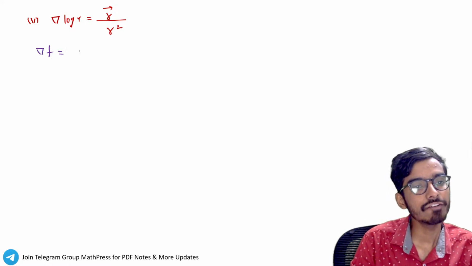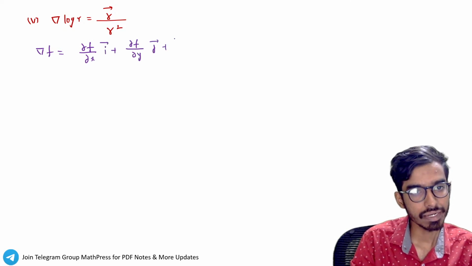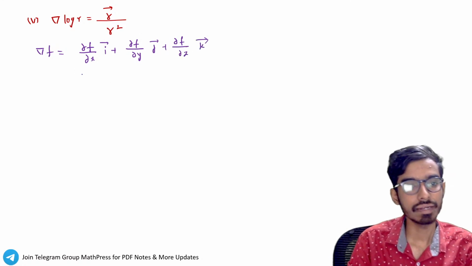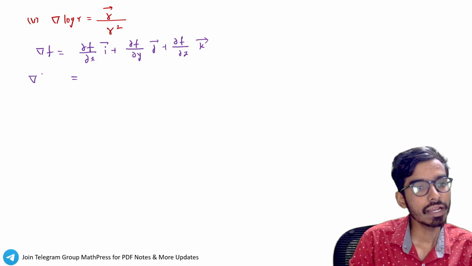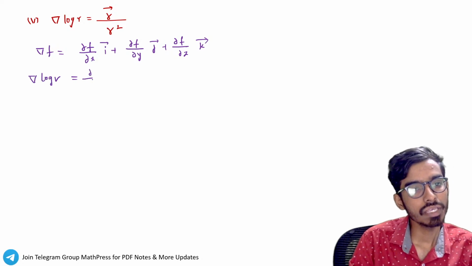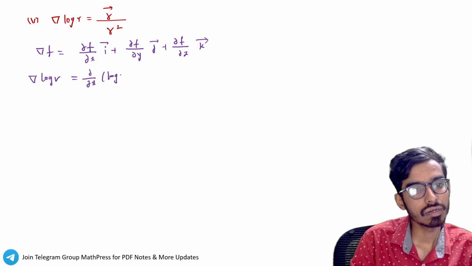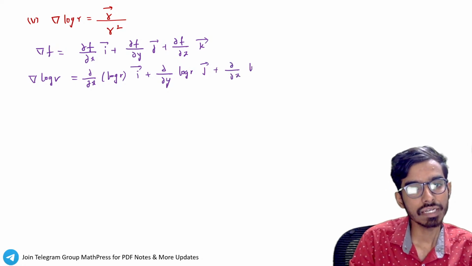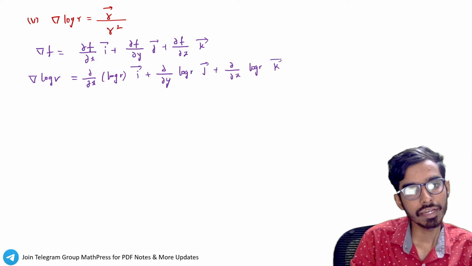So what is grad f? Grad f is dou f by dou x into i vector, dou f by dou y into j vector, dou f by dou z into k vector. So what will be grad of log R? This will be dou by dou x of log R into i vector, dou by dou y of log R into j vector, dou by dou z of log R into k vector.